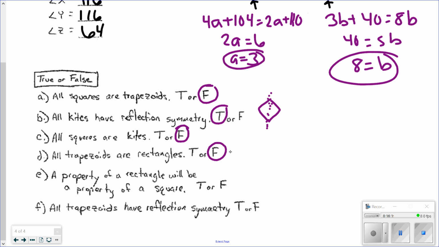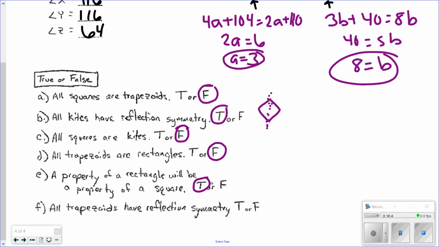Why? Because a trapezoid only has one pair of parallel sides, and a rectangle has to have two. So trapezoids are not rectangles. E, a property of a rectangle will be a property of a square. That is true, because we know squares are technically rectangles.